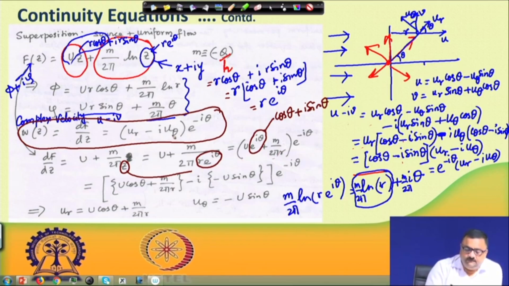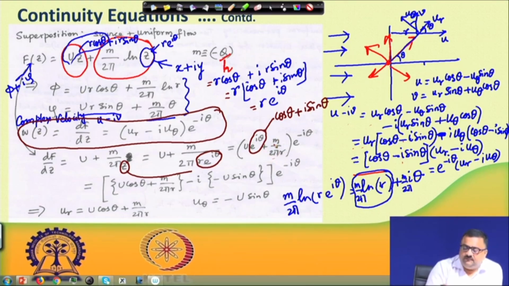So, for that reason we had written here that the real component is u cos theta, and u sin theta would be the imaginary component as far as this term is concerned. And this term is all real, there is no imaginary component.